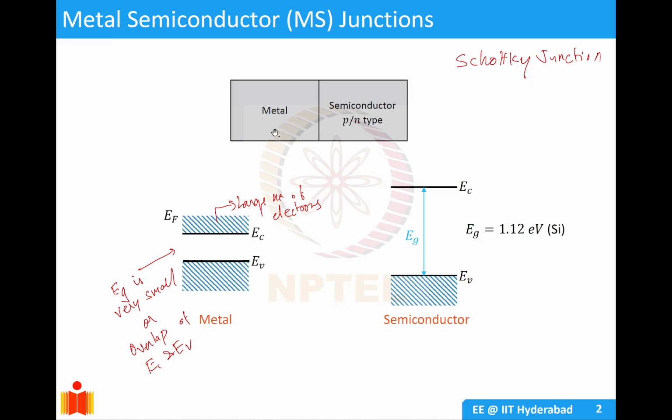In a metal the band gap is almost negligible, either zero such that EC and EV are overlapping, or very minimal. Whereas in a semiconductor you have a significant band gap, around 1 eV.